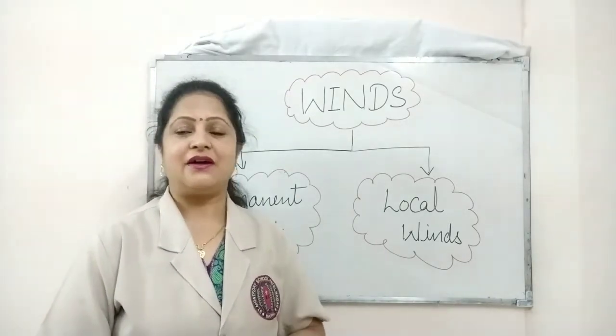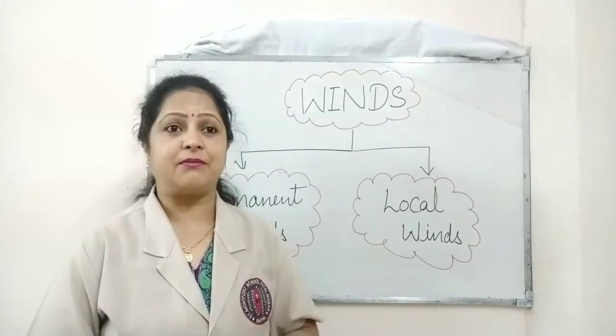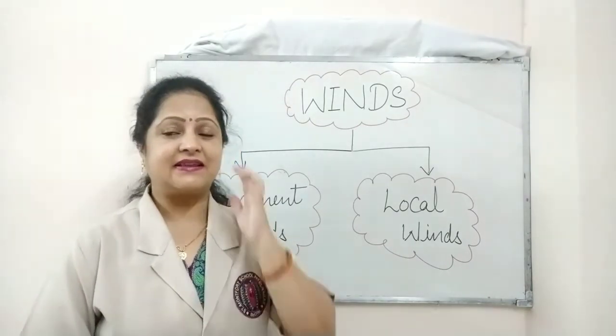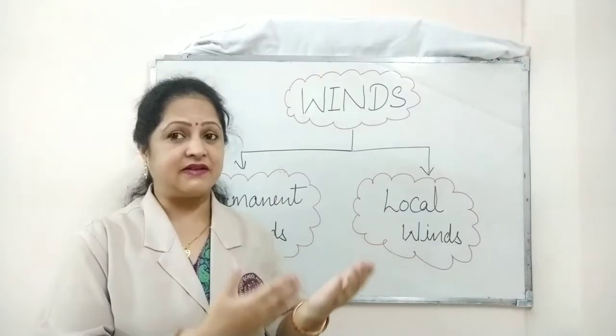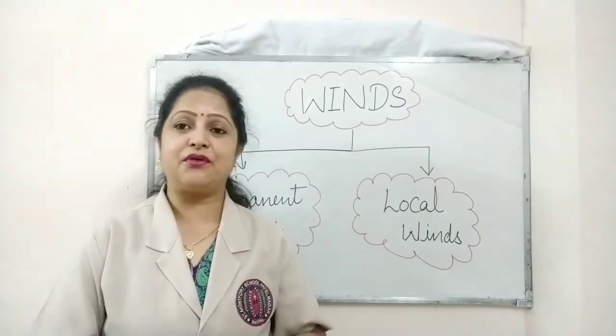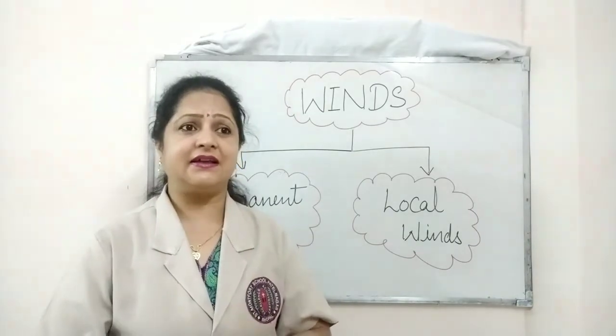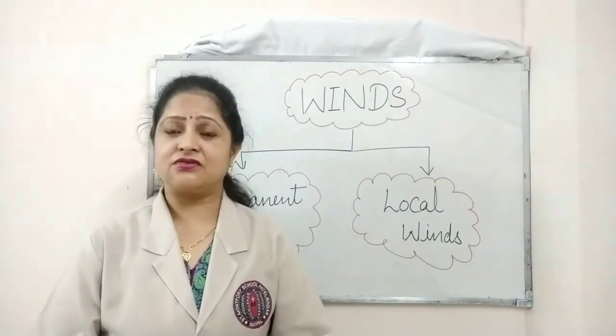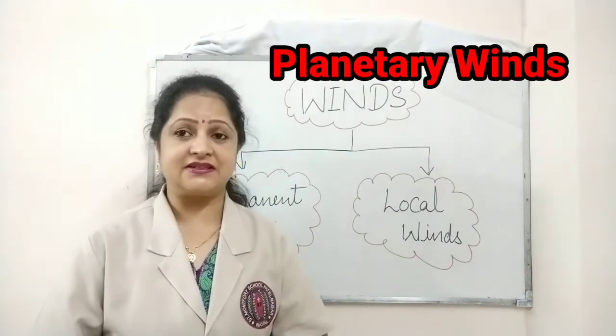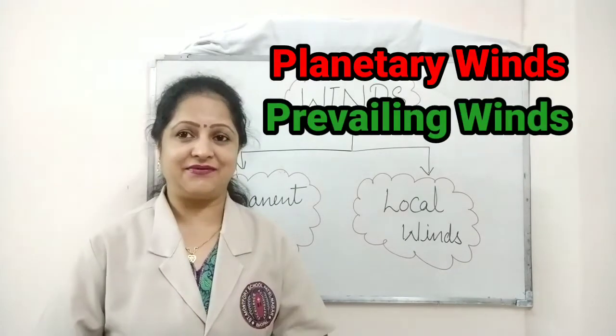Okay? So I was telling you about the permanent winds. Permanent winds are the winds that blow in the same direction permanently throughout the year. These winds are also called planetary winds or prevailing winds.